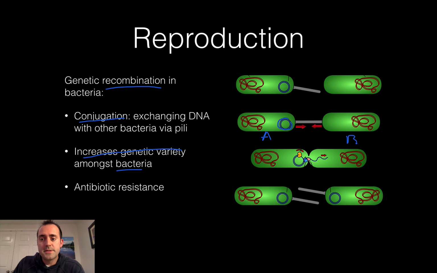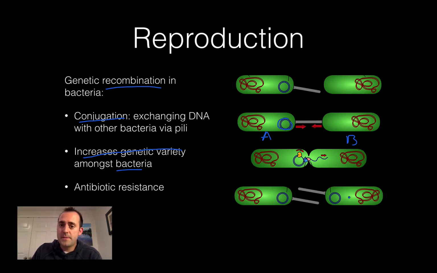Bacteria B doesn't contain that, but if in the same environment, even if they're different species of bacteria cells, bacteria A could form a mating bridge with bacteria B, copy that plasmid with the antibiotic resistant gene, pass it over to bacteria B, and now bacteria B is resistant to that antibiotic, that penicillin. And so this is what's helped drive bacterial evolution, which is great for them, but oftentimes not so great for us.